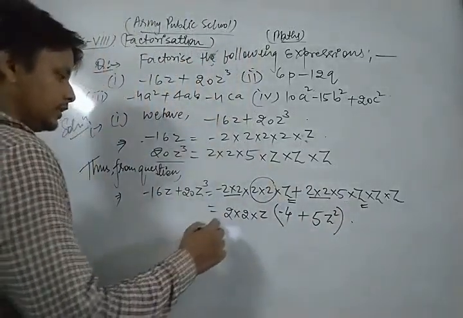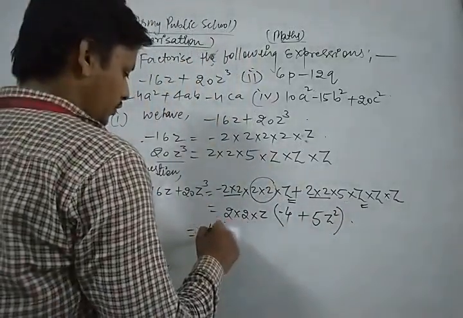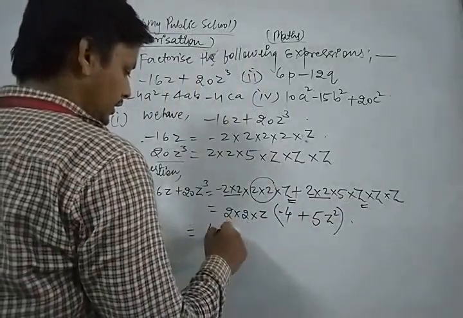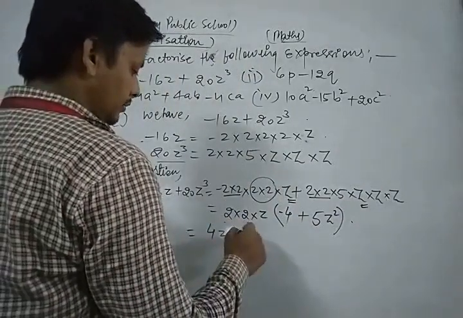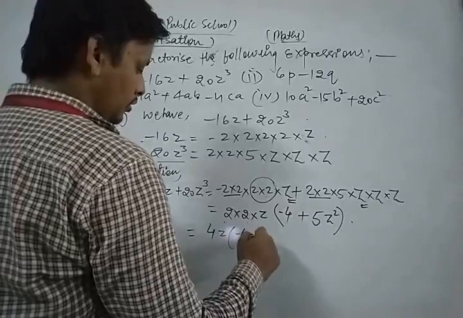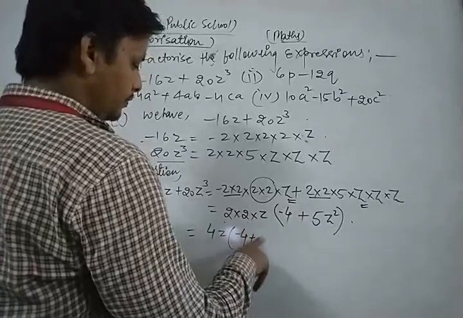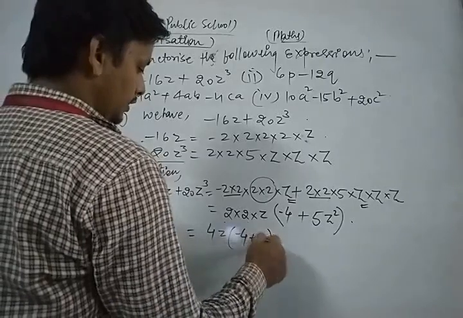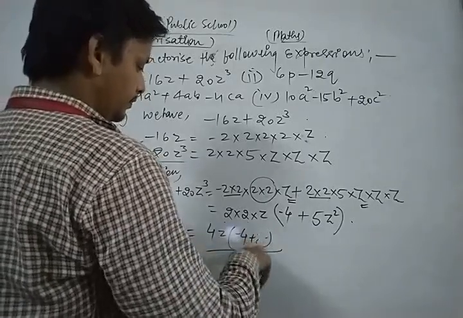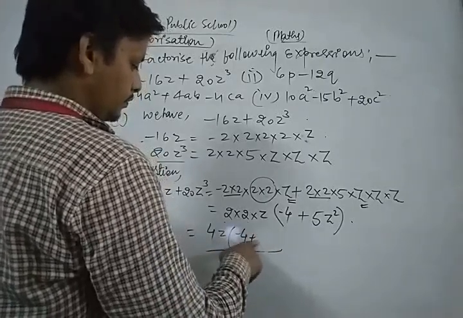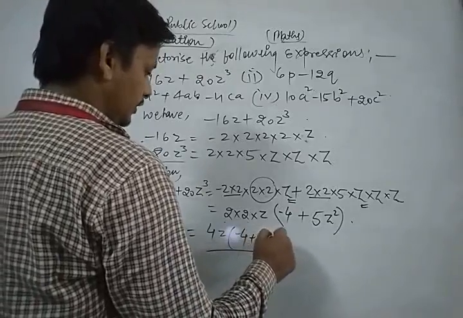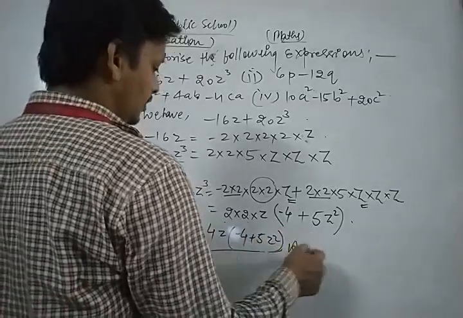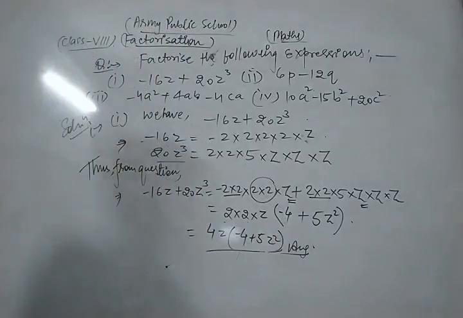Thus we get 2 squared into z in bracket, minus 4 plus 5z square. This is the required factorization.